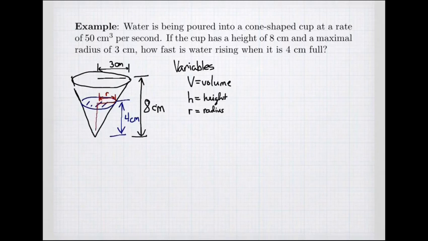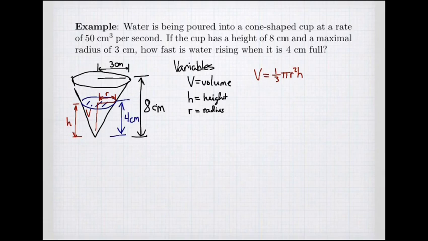The height is the height of the water from the cup, and the volume is the volume of water that's in a cup. So we have these 3 quantities describing our water, and they are related by geometry with an equation, that the volume of a cone is 1/3 pi r squared h.